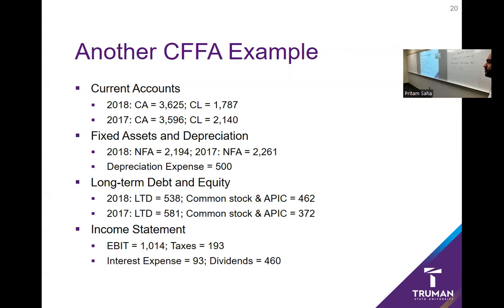How much is cash flow to liability holders? 136. How much is the interest payment? And how much is net new issues? Negative. So basically 538 minus 581. That should be 126. Cash flow to equity holders.